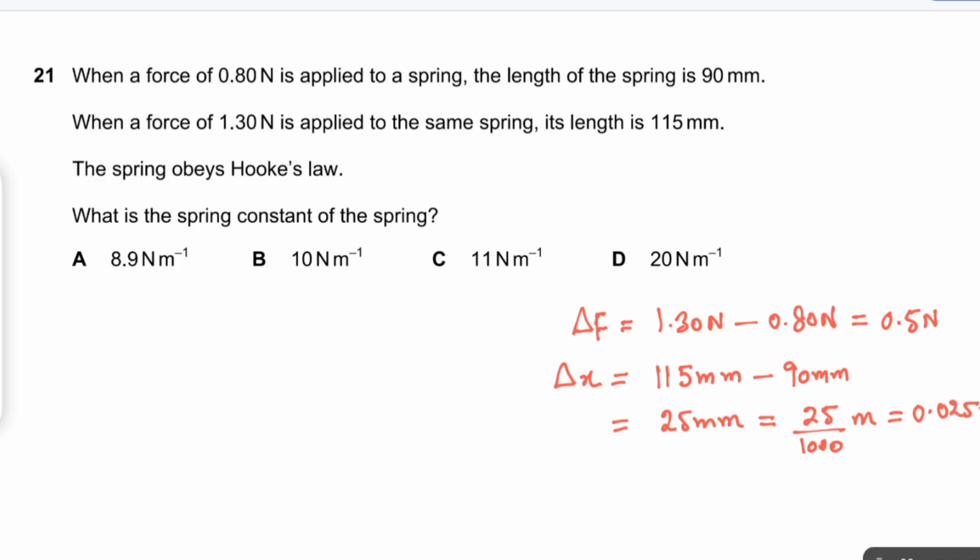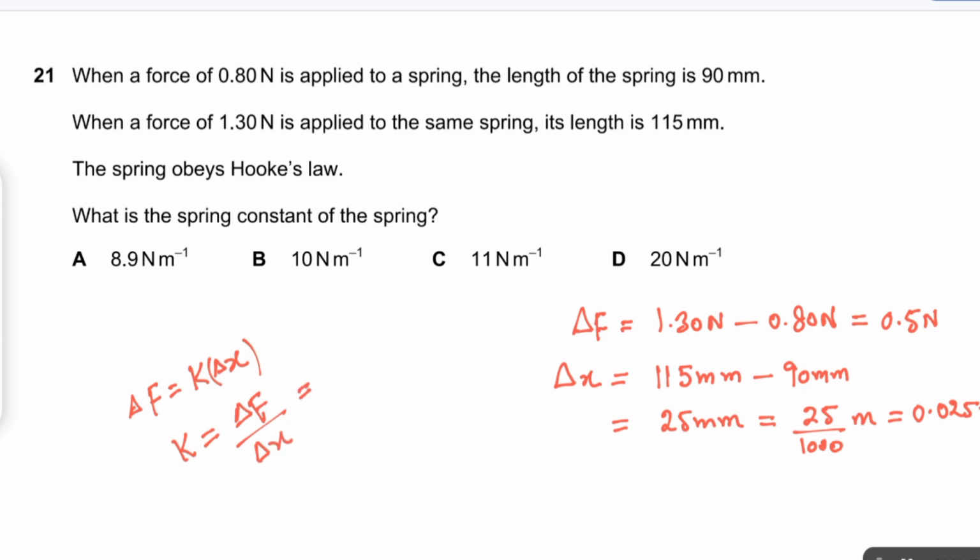Is it clear? Now, what is the spring constant? Hooke's law says force is equal to kx. Now we write here change of force and change of extension. So k is equal to del F divided by del x.